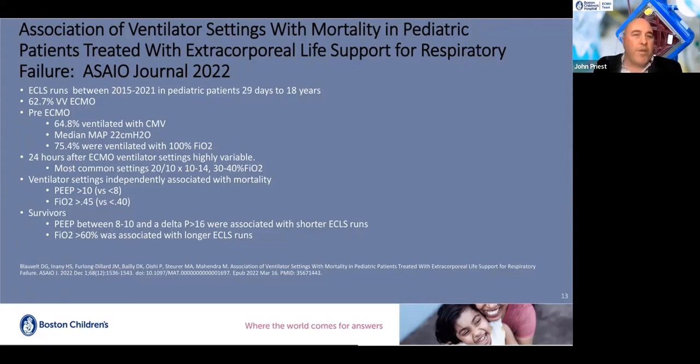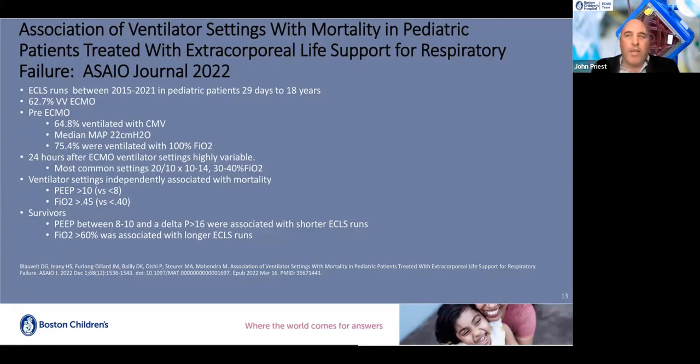Most of these patients are ventilated with conventional mechanical ventilation with a mean airway pressure of 22. But if you go through 24 hours after ECMO initiation, the most common settings are 20 over 10, or a delta 10 over a PEEP of 10, low rate, low FiO2, and ventilator settings independently associated with mortality are PEEP and FiO2. So a PEEP greater than 10 or a FiO2 less than 0.45.